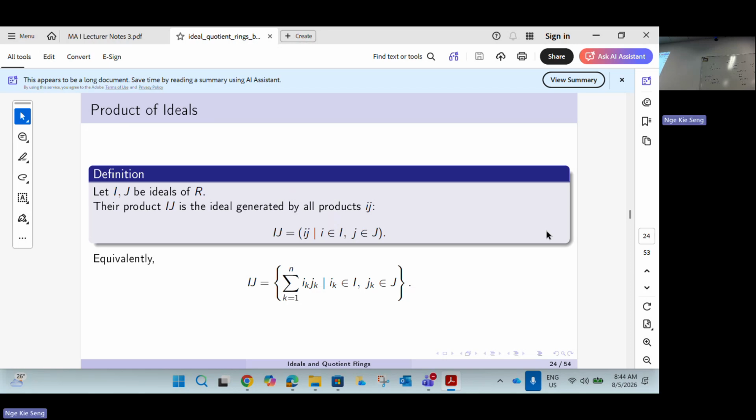If you just look at the product of IJ, then I likely don't find an ideal. So we'll just define the product ideal of one.